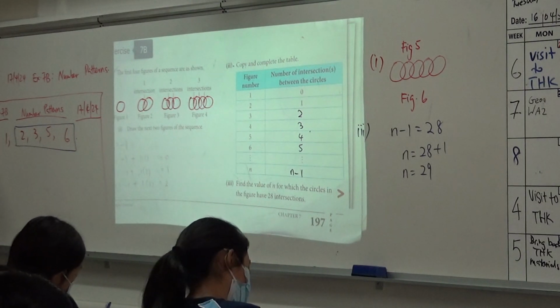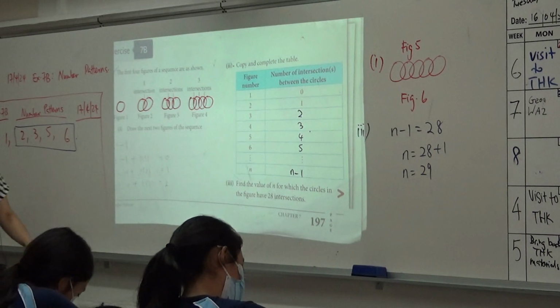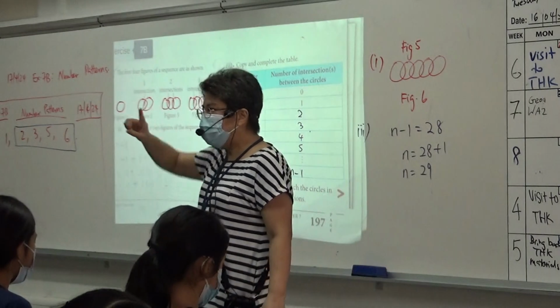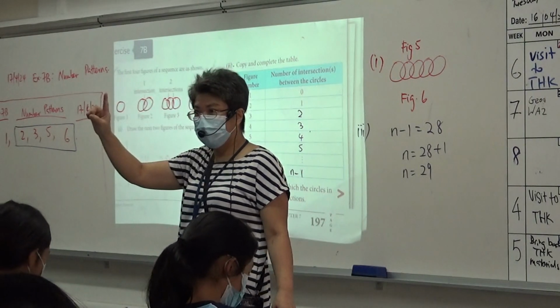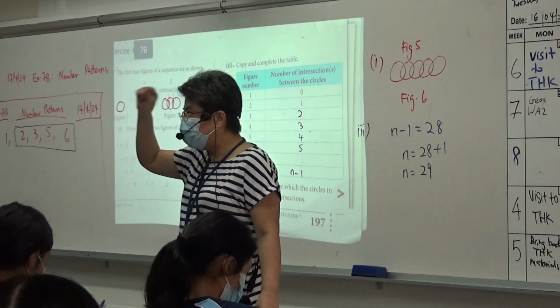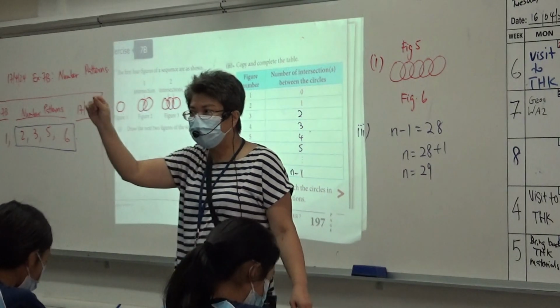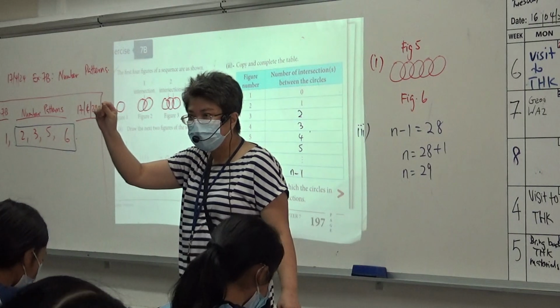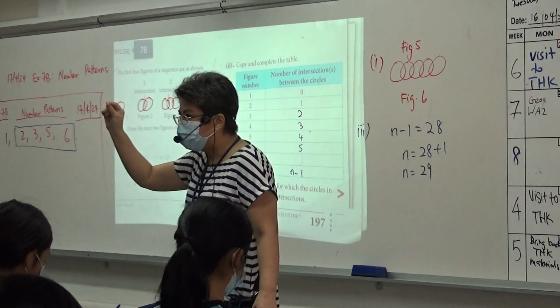Let me repeat what I want to say. All of you look at me first. When the question says draw, you draw nicely. When the question says copy and complete the table, you must copy and complete the table. Don't just give me the answer, understand? I'm talking to you. Can you understand?